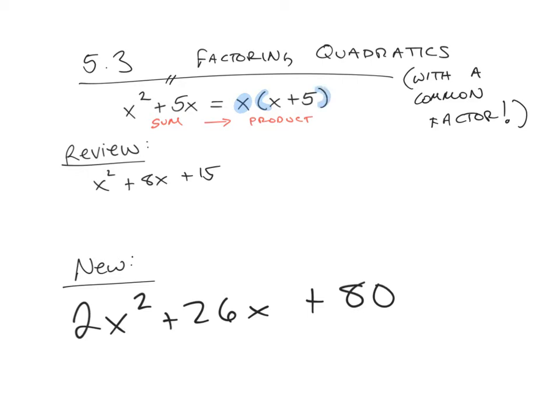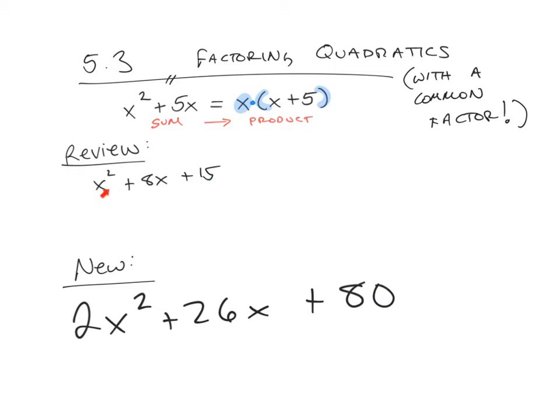Each piece is called a factor. So there's a factor of x times this group, x plus 5. And so since there are two factors multiplying together, this is a product. So we're turning this into a product. And this one is a process where I can see that I could undistribute an x from both terms.